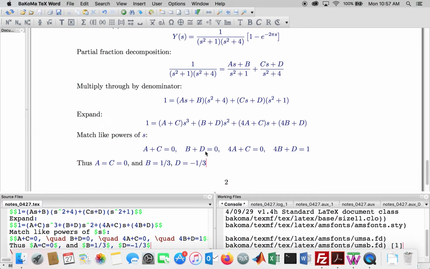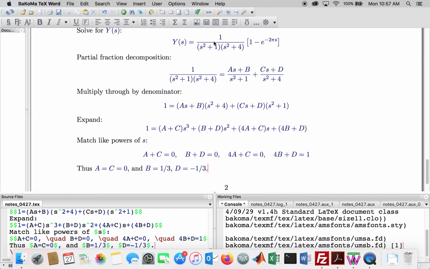So now I can take all these values and put them back up here, and then use this decomposition up here for y of s.